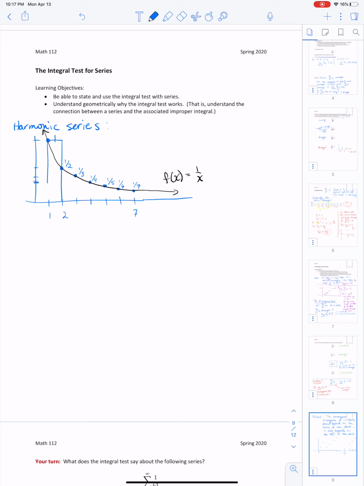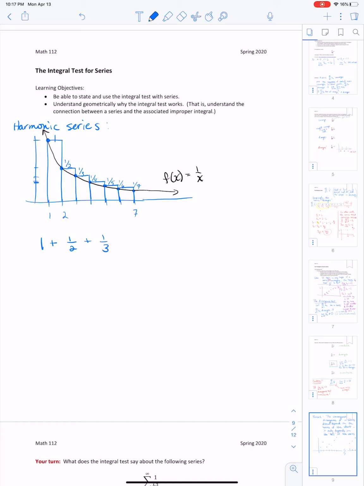When I plot these terms, I have 1, 1/2, 1/3, and when I'm plotting them horizontally, they're separated by a distance of 1 apart because the counting numbers are distance 1 apart. So 1 plus 1/2 plus 1/3.